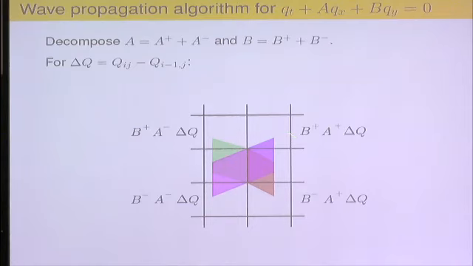Then each one of these triangular areas here would be used to update neighboring cells, or actually to define sort of a correction flux at this interface, a transfer of some of the mass of this A plus delta Q from this cell into the cell above.